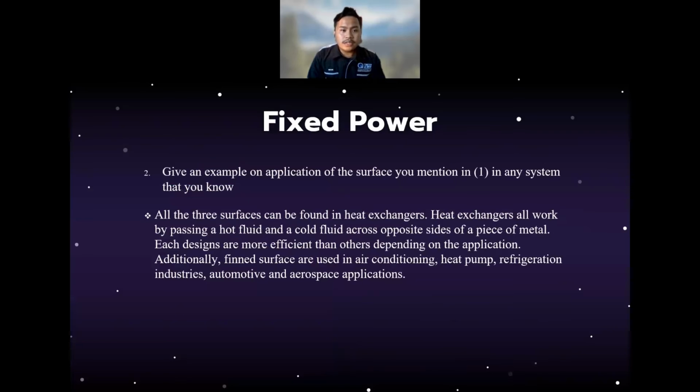The second question is, give an example of application of the surface you mentioned in any system that you know. So, all the three surfaces can be found in heat exchangers. Heat exchangers all work by passing a hot fluid and a cool fluid across opposite sides of a piece of metal.